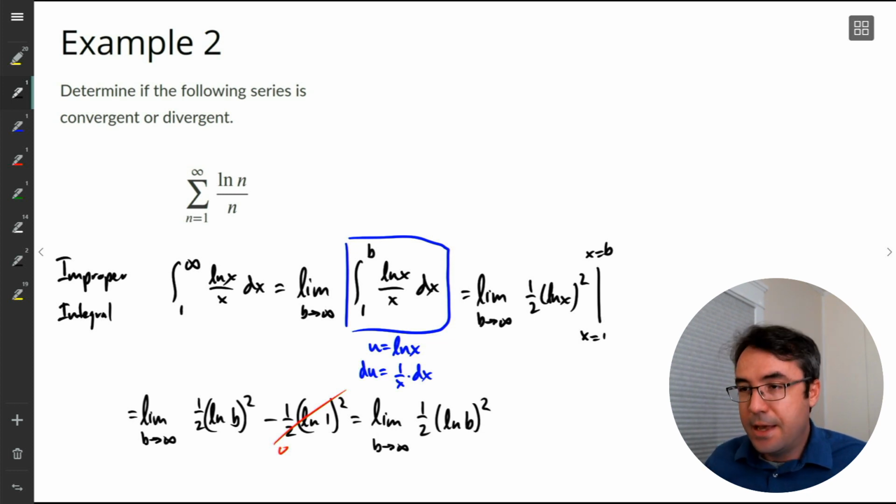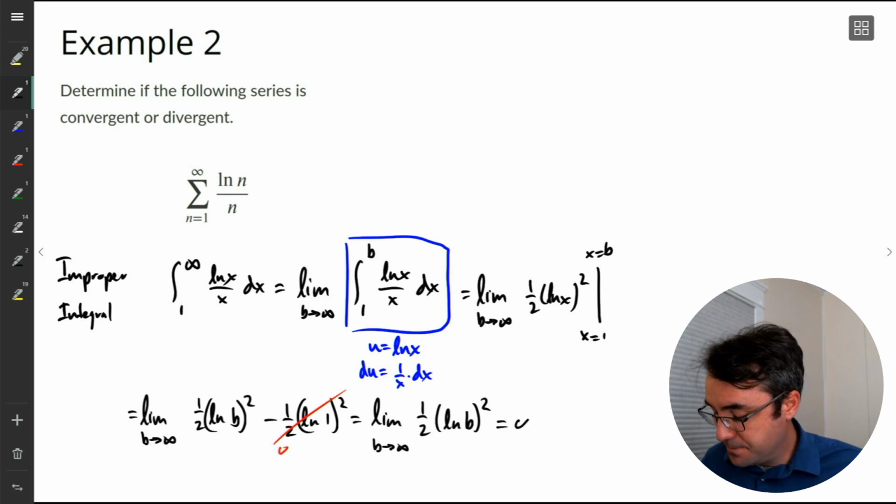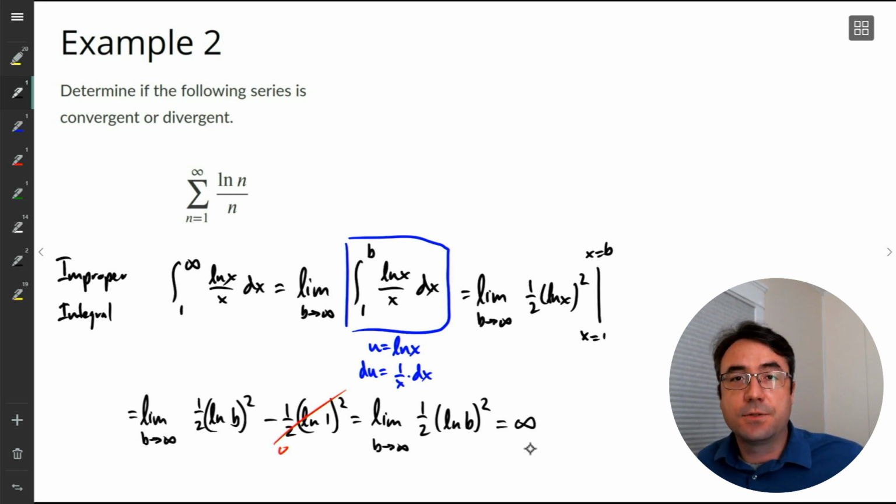to infinity. And we just need to know, what does the natural log function do as the term inside it, as b gets larger and larger? The limit of natural log is infinity in this case. So the limit of this whole thing goes to infinity.